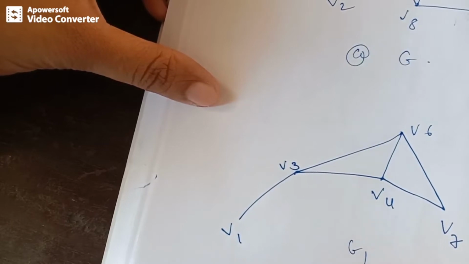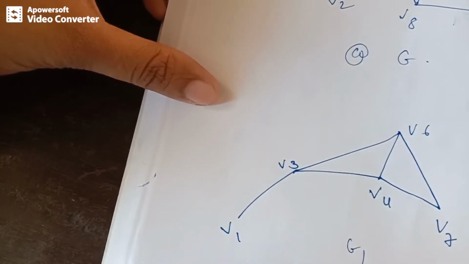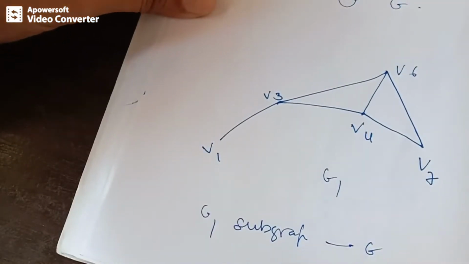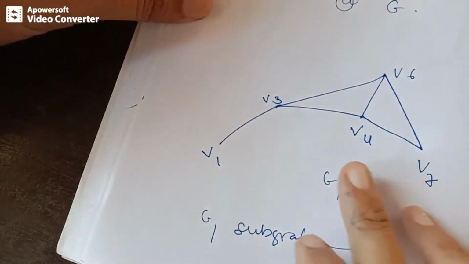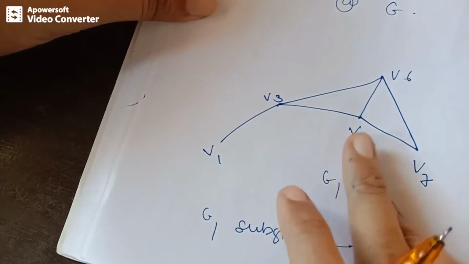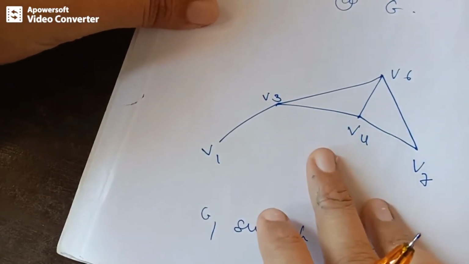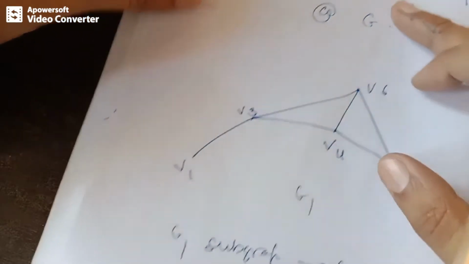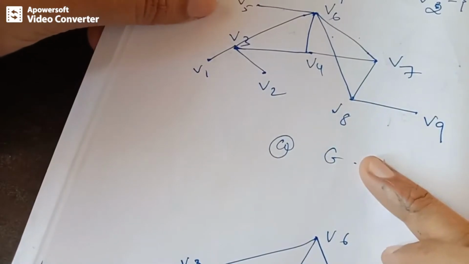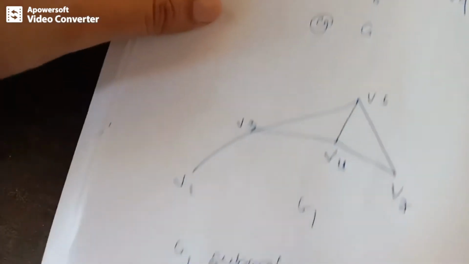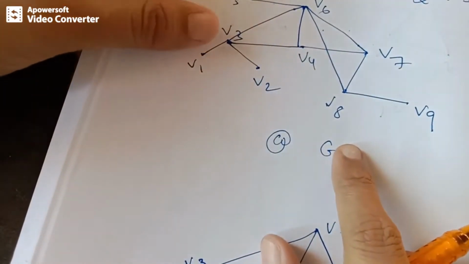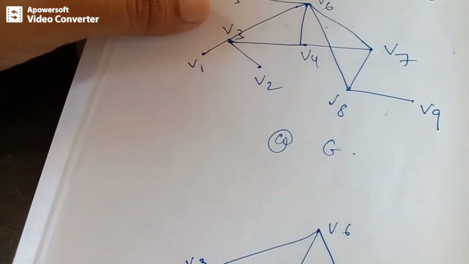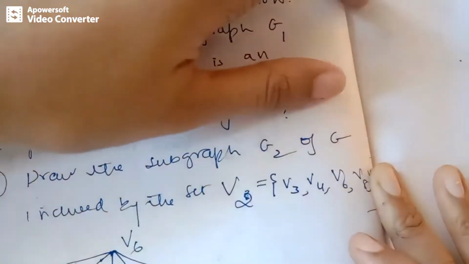That is, graph G1 is definitely a subgraph of G, based on all the conditions and definitions of subgraph. We know that all the vertices of G1 are there in G, and likewise the edges of G1 are also there in the graph G that we are comparing, and further each edge in G1 has the same end vertices as that of G. Therefore, we can say that the graph G1 is a subgraph of G. So you can write that in statements.